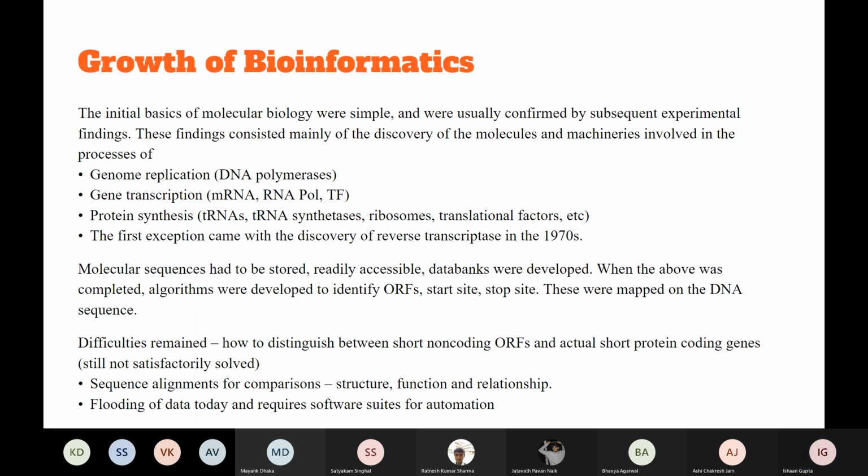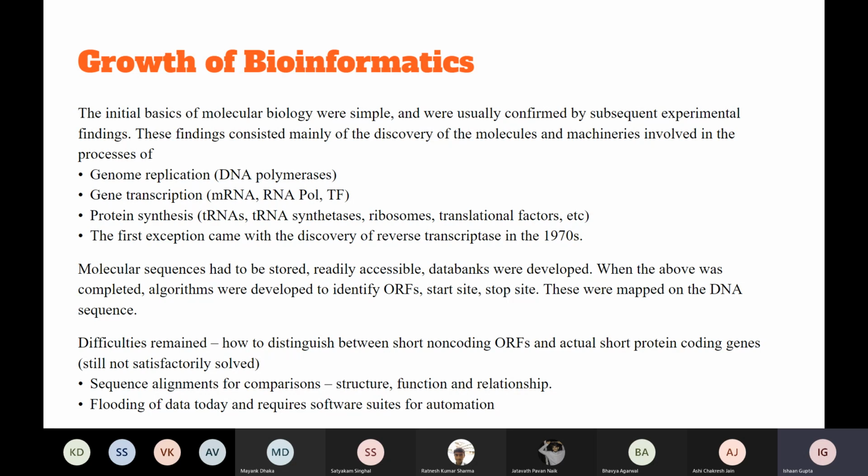So the growth of bioinformatics, as I have already told you, is essentially going from initial molecular biology experiments that were simple. Usually you do an experiment, you have a finding, and you report that finding, right?